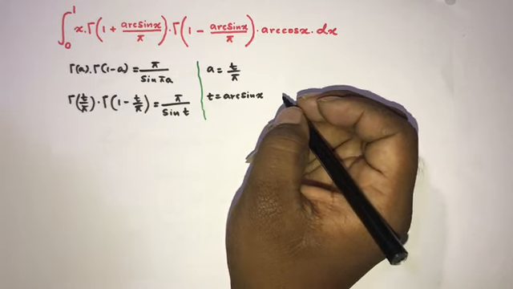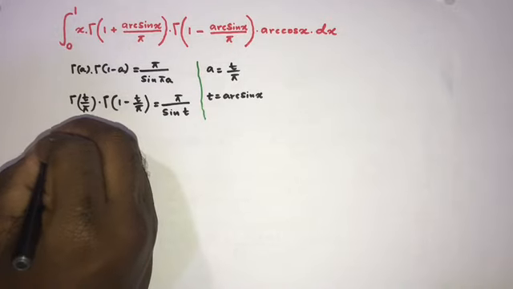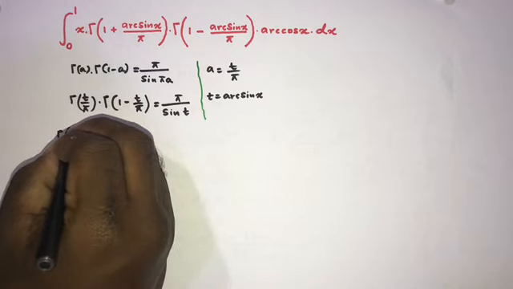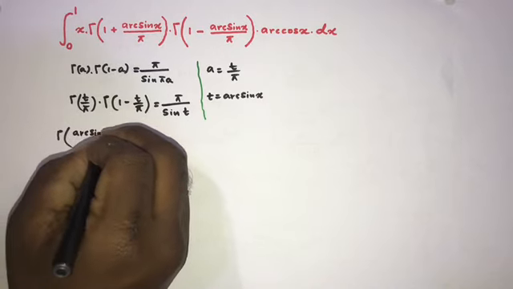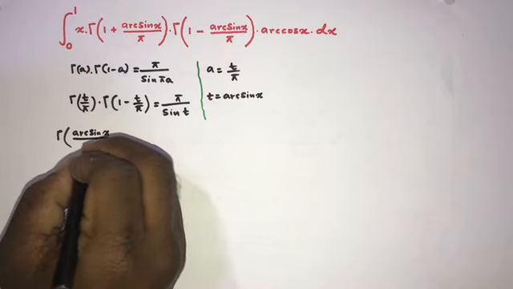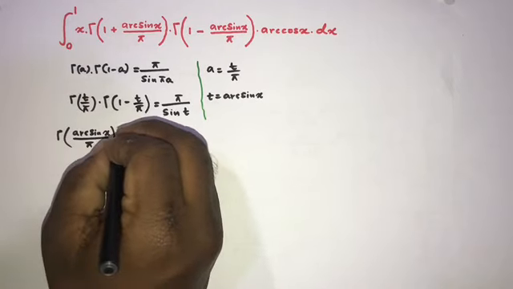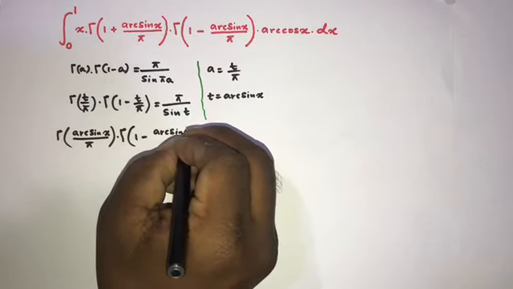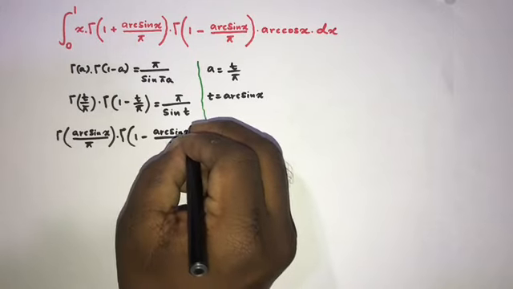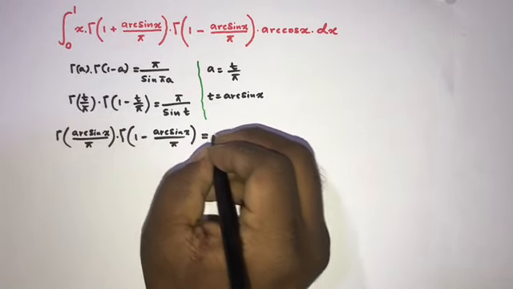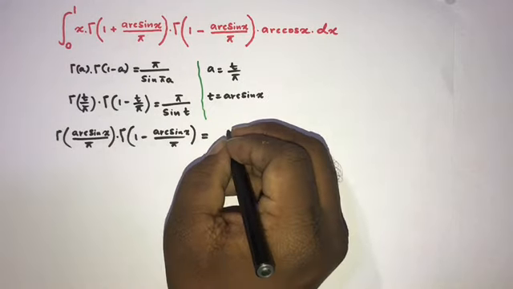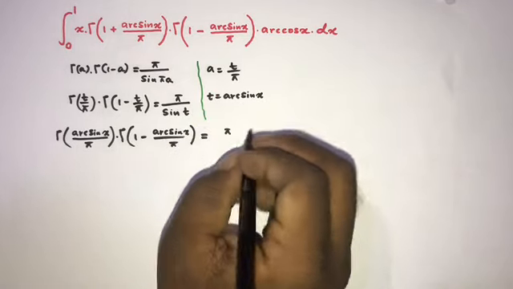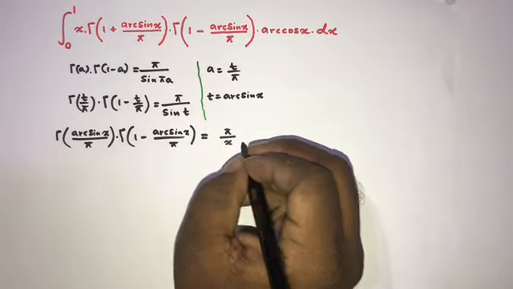So we can write gamma of arc sine of x over pi times gamma of 1 minus arc sine of x over pi, and this is equal to pi over sine of T. Here arc sine of x is equal to T, so this is equal to x.